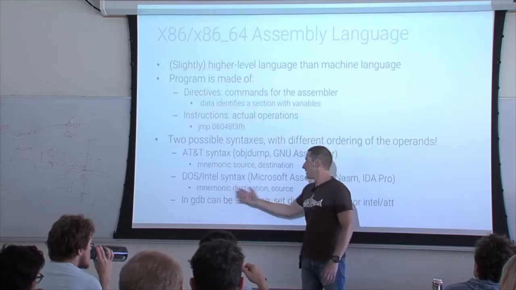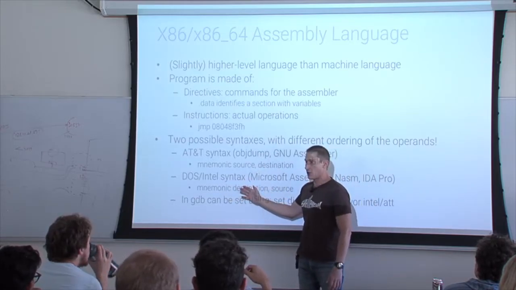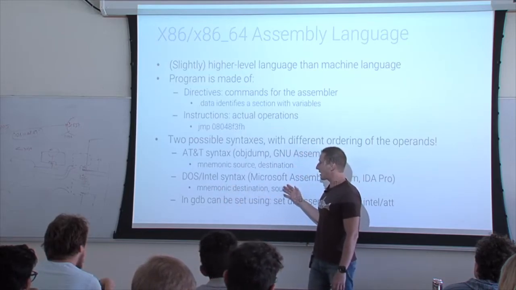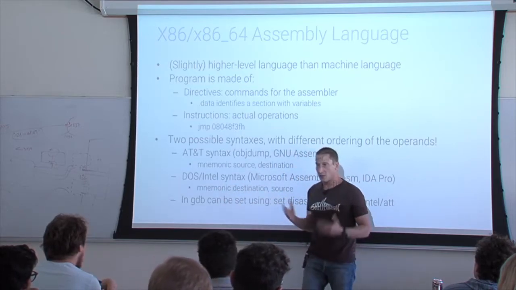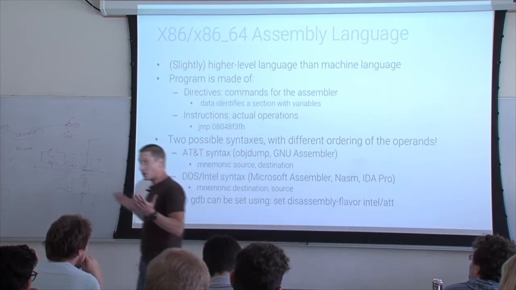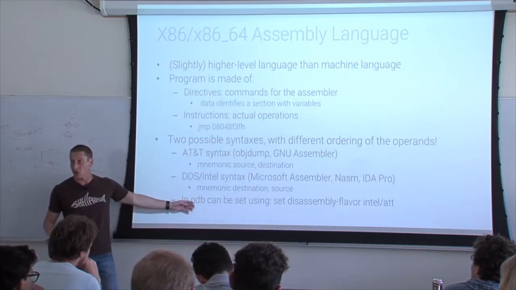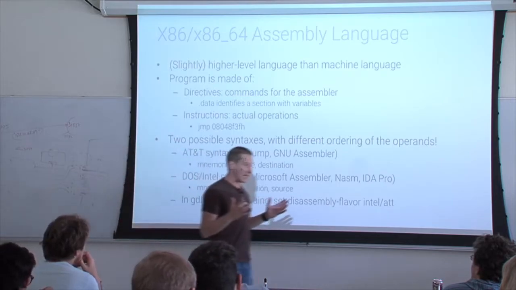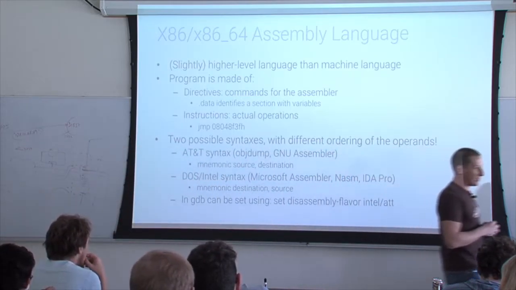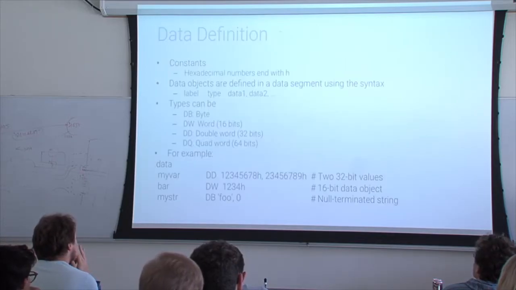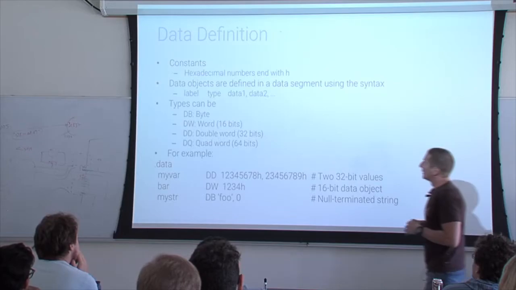So the destination comes first, like add EAX to EBX and put the result in EAX. It's just a convention. You actually can set in your debugger your disassembly flavor of preference. It's up to you. There is no particular reason to prefer one to the other.